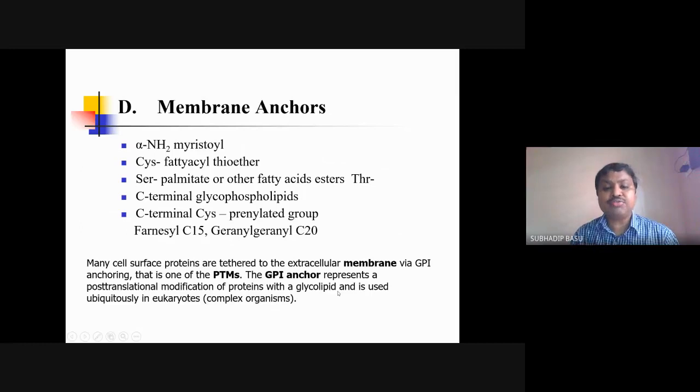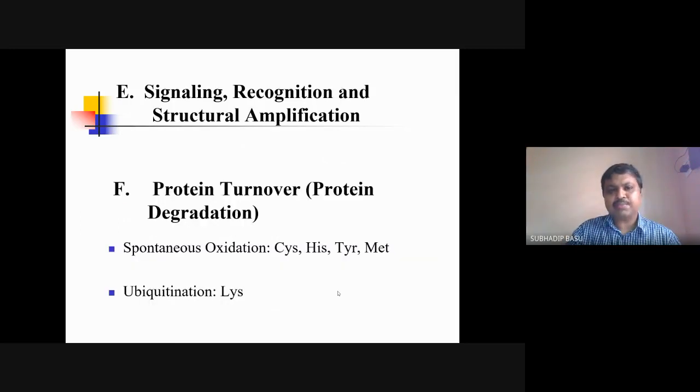So these types of membrane anchors are enabled or disabled, or in a generic sense regulated, by different types of post-translational modifications. Okay, so these are some of the examples.